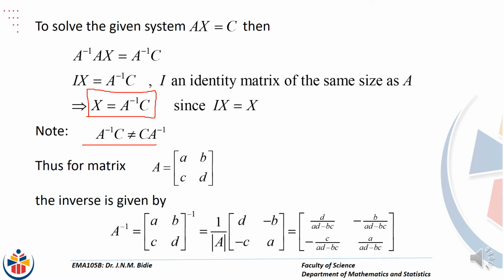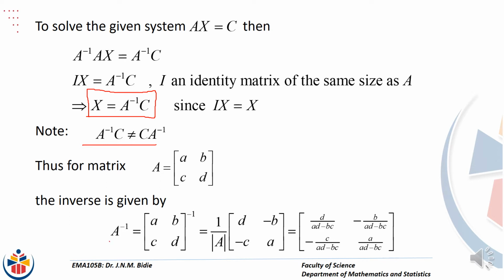So remember, the determinant of A is just a number. So we can just multiply. Remember, when we multiply by a scalar, we multiply each entry in the matrix by that scalar. So let's do this again.